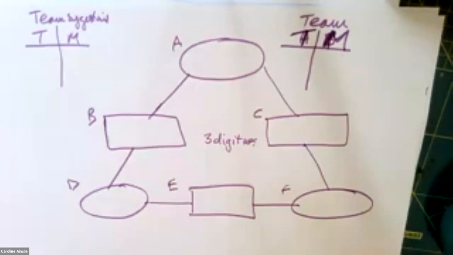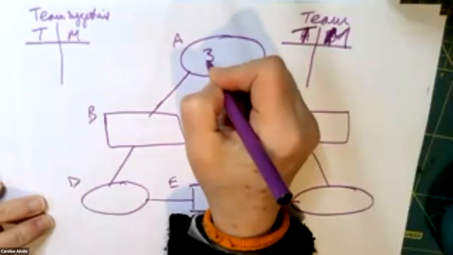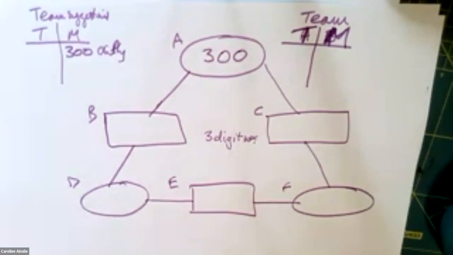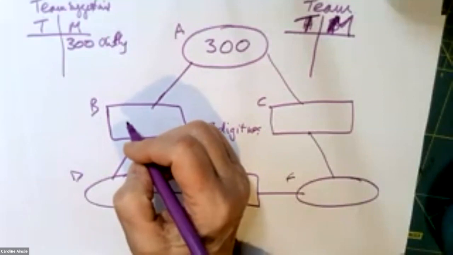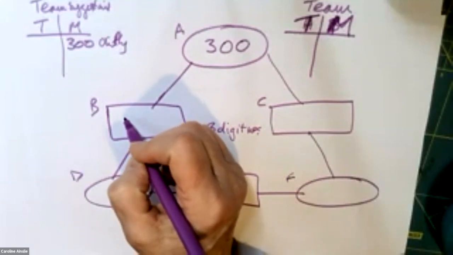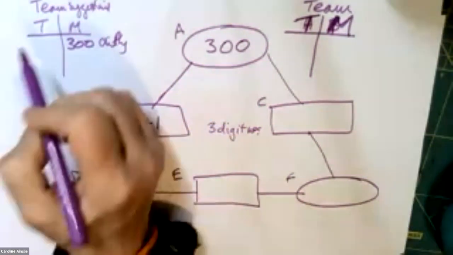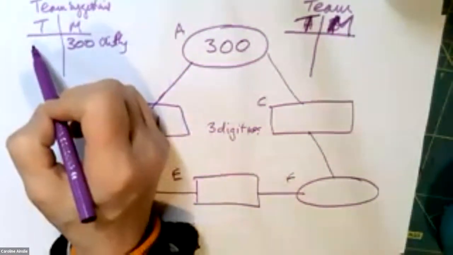Pam's made some observations. Chiffy has said 300 in A. 300 in A, here we go. Thank you very much, Chiffy. Somebody in my team, what goes in box B? 341 in box B, and that's Tony's team.